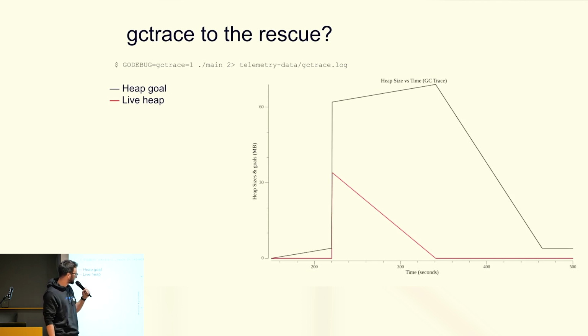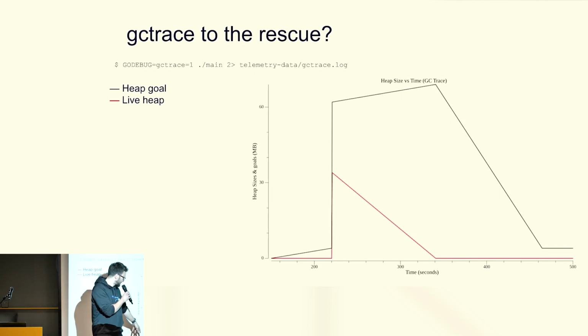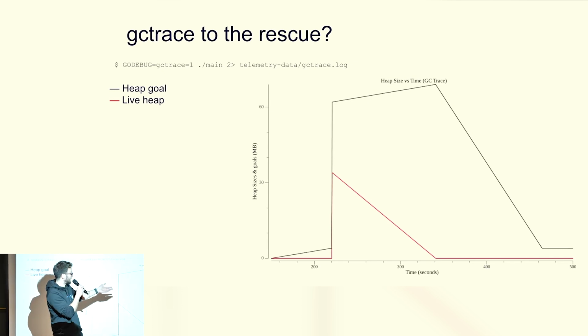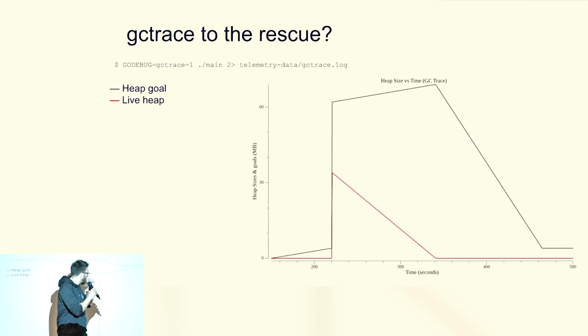If we check the time here, how it went, the program started somewhere around here, then I fired the request, so there is a big allocation. This is the 30 megabytes, 60 megabytes, let's say. Then, after approximately 2 minutes, the live heap went down, but the goal went up for some reason.